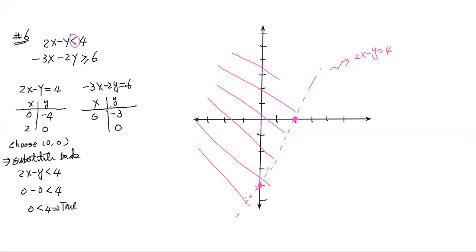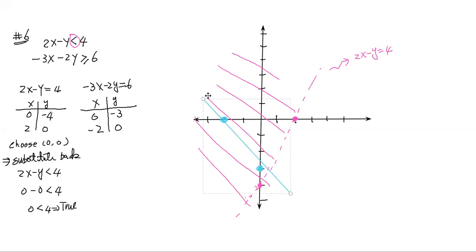When y equal to 0, x equal to negative 2, I hope I did this right. So negative 2 is here, and y equal to negative 3 is here. Since it has an equal sign, I can draw a straight line.